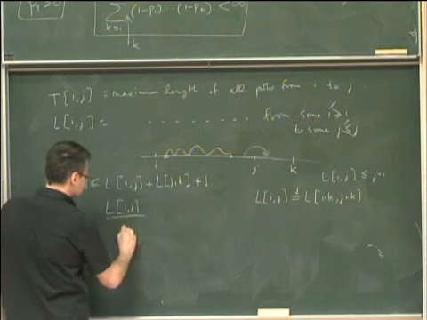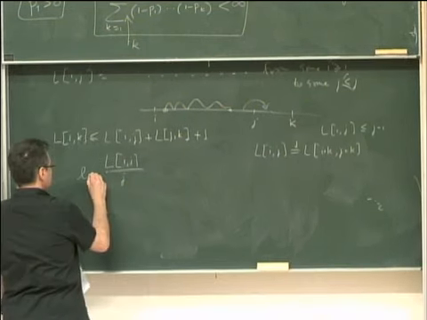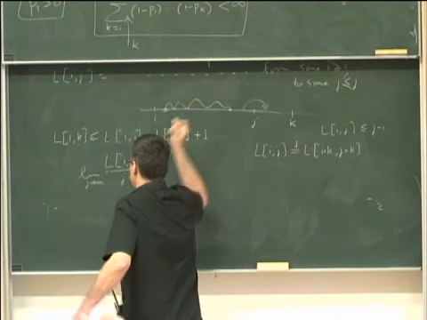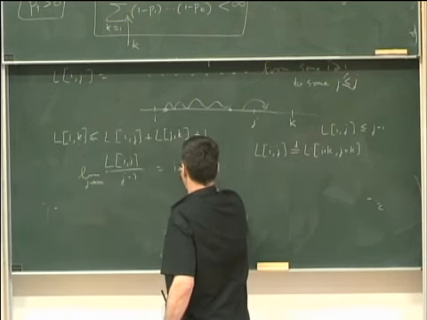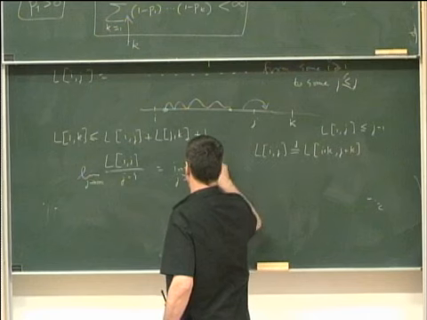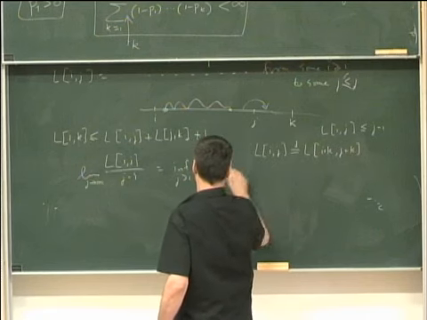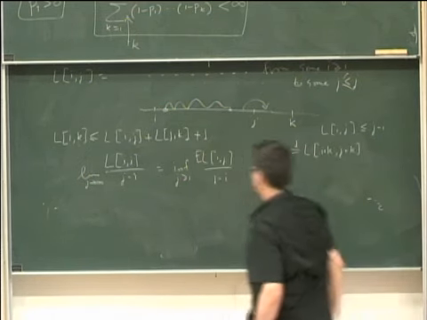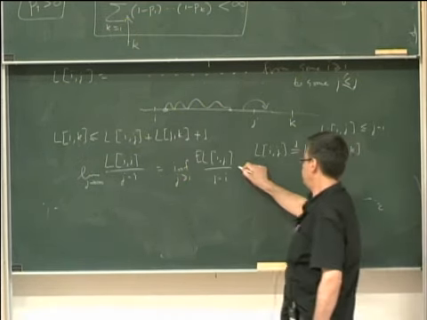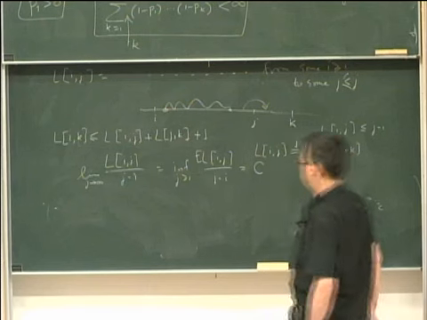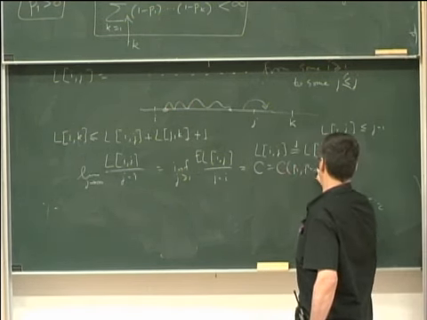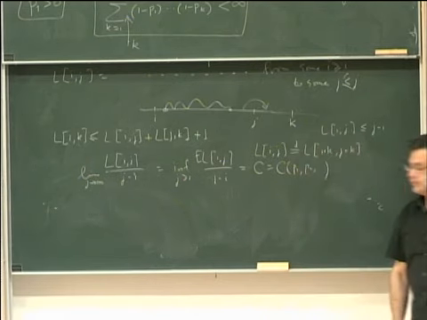Therefore, L_ij divided by (j minus i), the limit as j goes to infinity, exists, and it is equal to the infimum of the expectations, in fact, and that's a constant that depends on p_1, p_2, and so on, all this sequence.